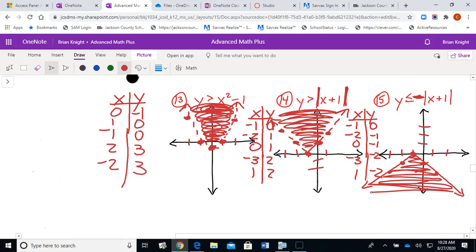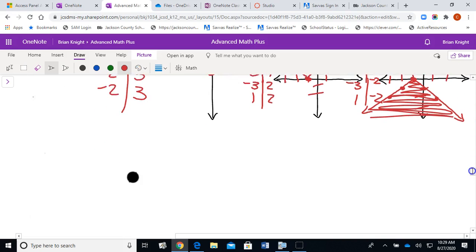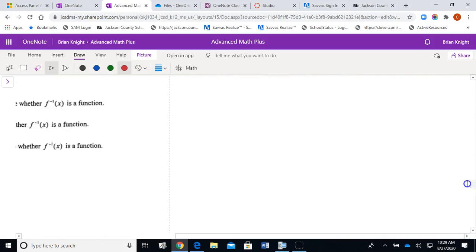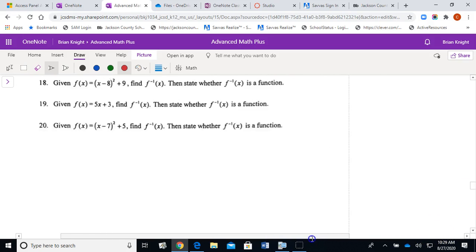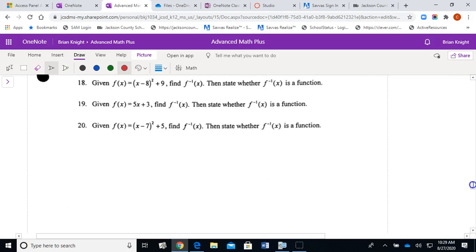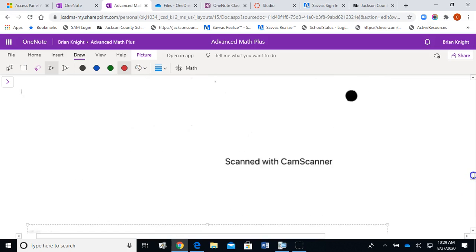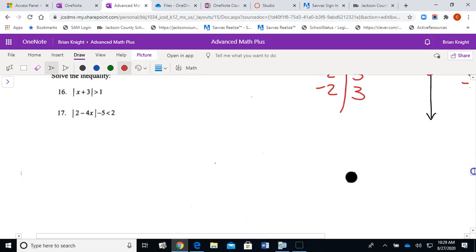I know. What? What? On this? Everybody good? All right, 16. I may have passed it. I passed it. How did I pass it? Here we go.